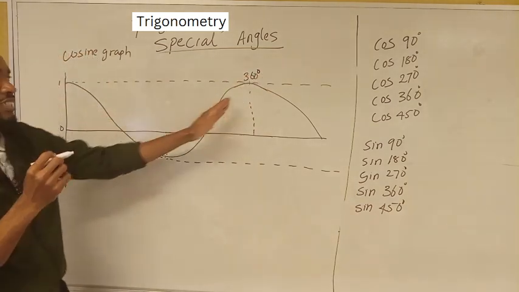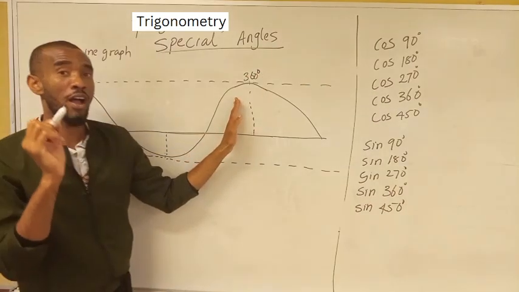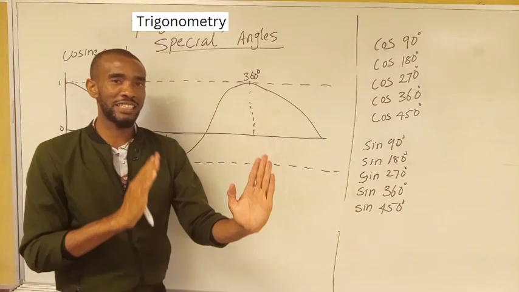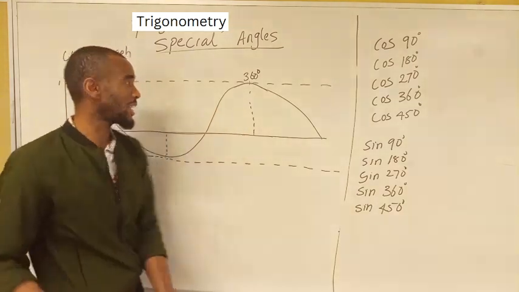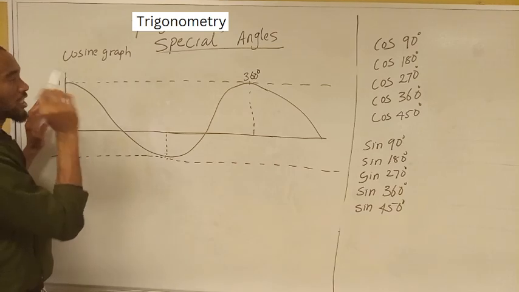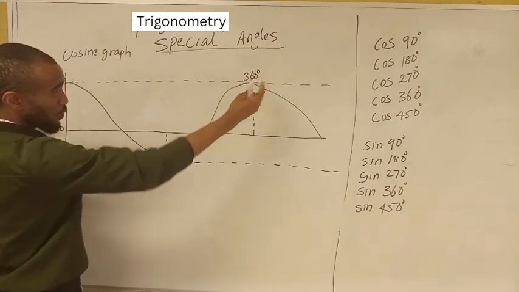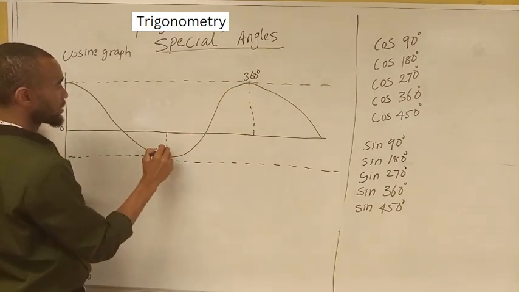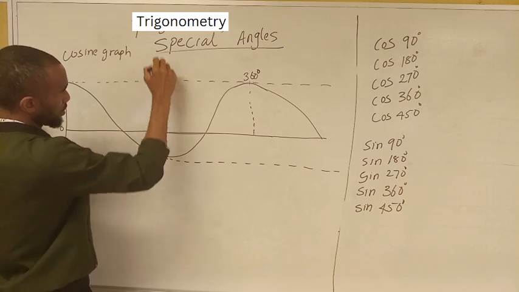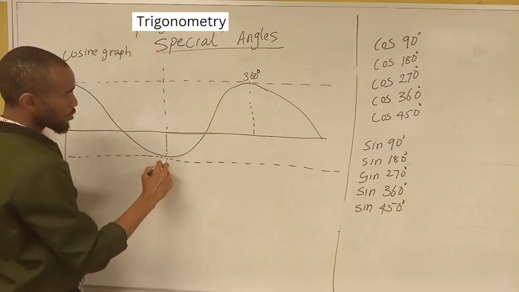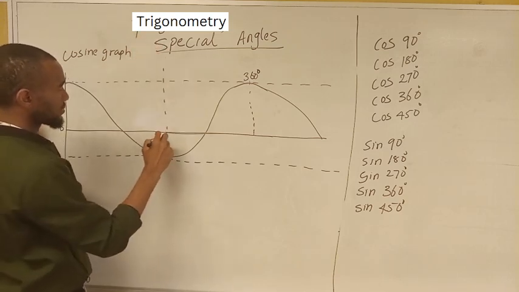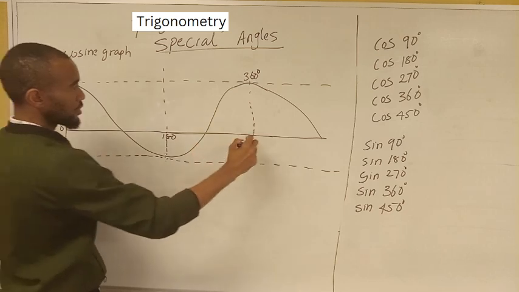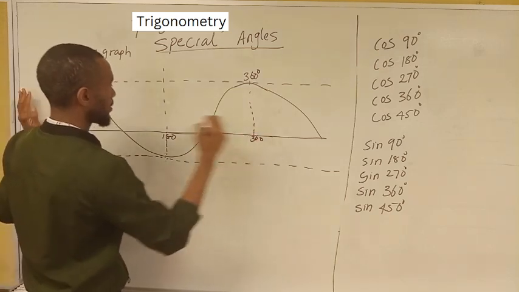if I divide this wavelength into 4 equal parts, then I'll have 90, 90, 90, and 90. So that's what I'm about to do. Splitting this 360 into 4 equal parts, this point, which is the middle, must take the value of 180. So here is 360.